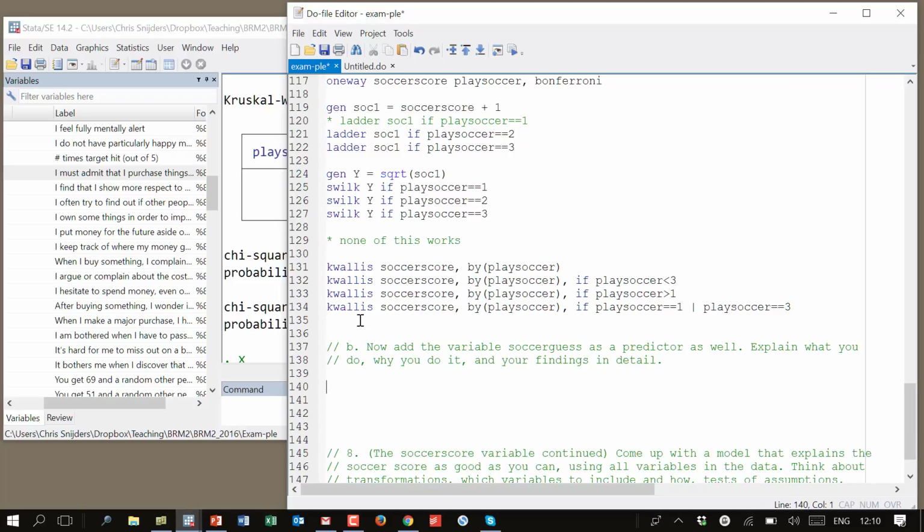Here I added some trouble myself, because I said now add the variable soccer guess as a predictor as well. I remember what went wrong here. At some point I mixed up: run the analysis of variance in part A and now continue with that analysis of variance, even though we found out that actually it wasn't the right thing to do, but I didn't write that.